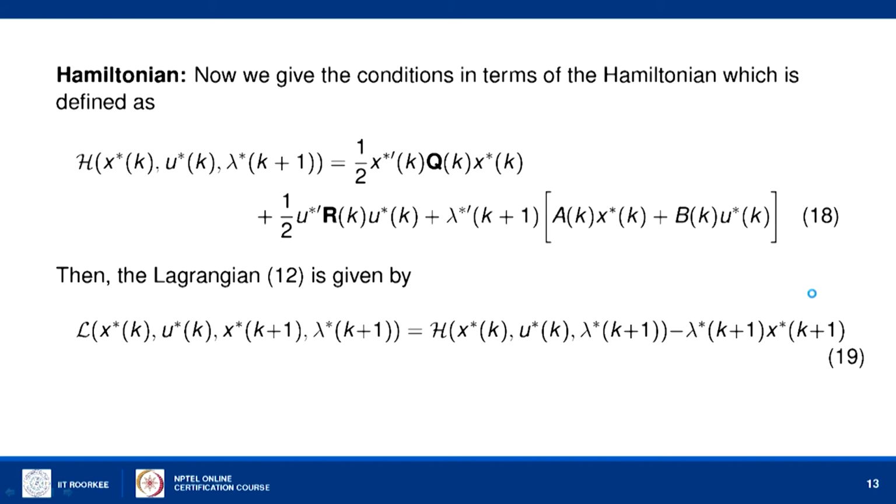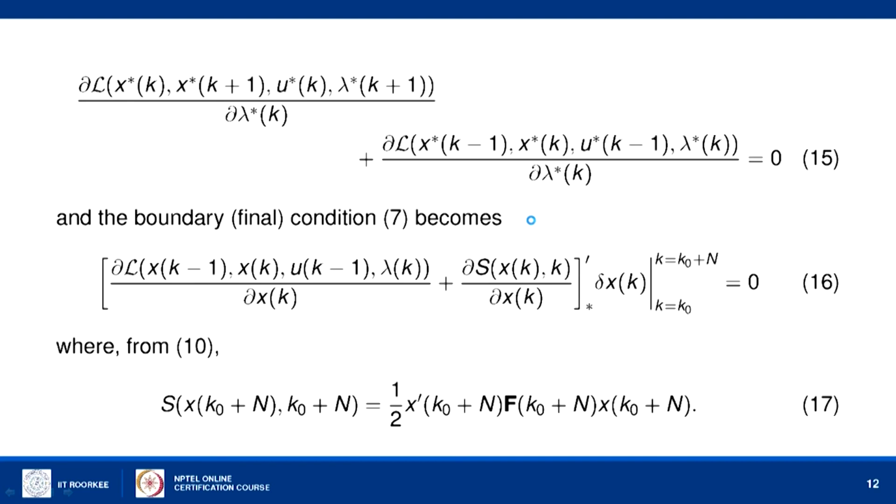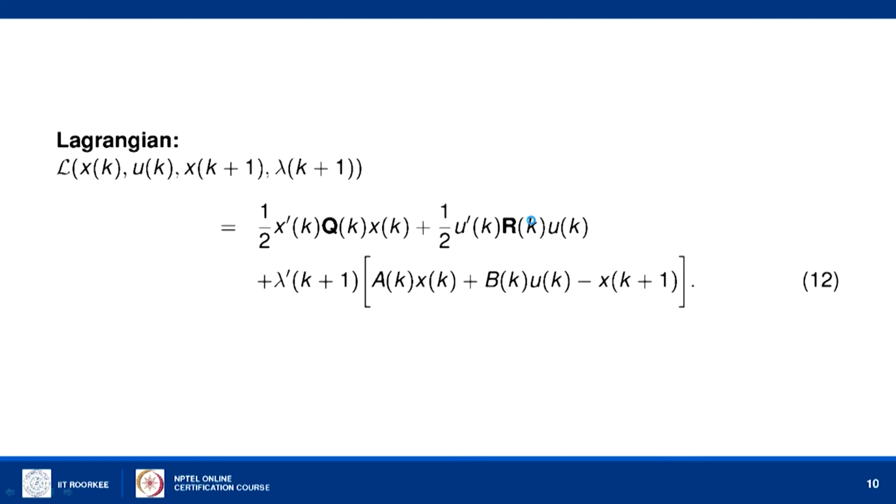For simplifying the expression, we can introduce the Hamiltonian function, which is defined by this expression. In the Lagrangian function, if you observe, except for the x of k plus 1 terms, all the remaining terms are called the Hamiltonian.